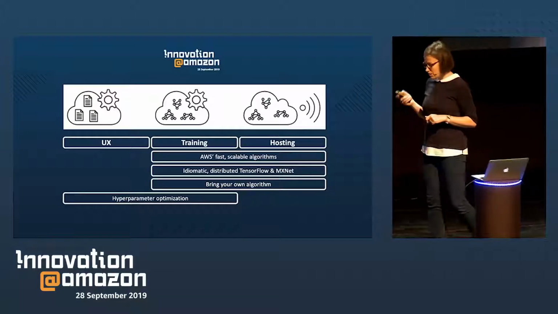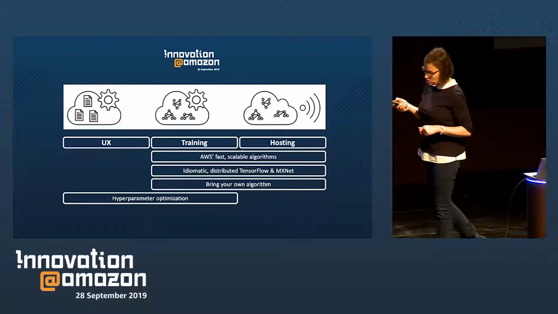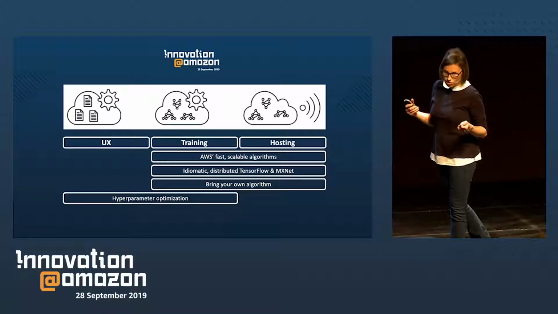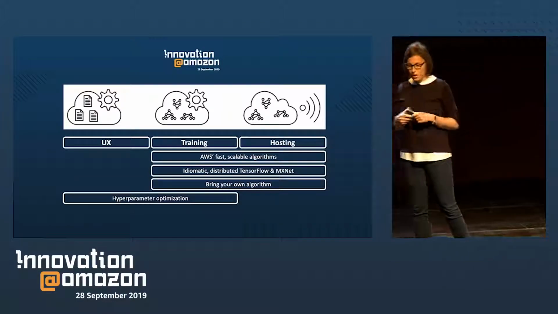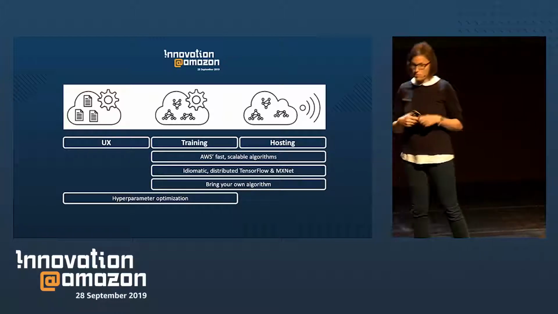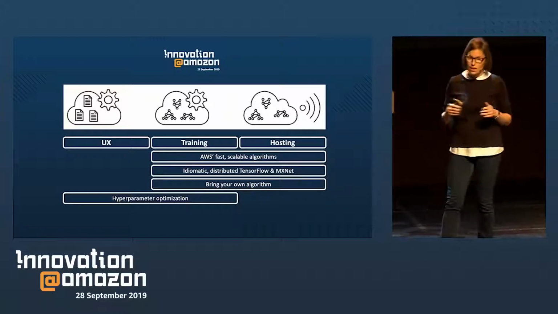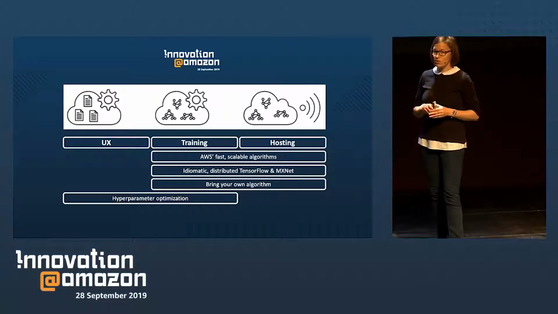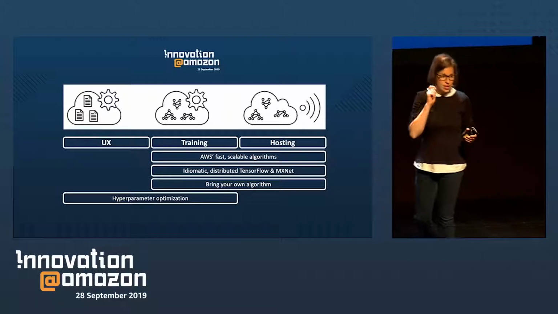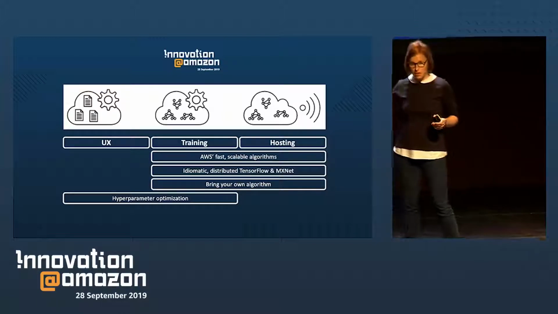So what are the building blocks of SageMaker? SageMaker is very modular. It's already the second version of the AWS service. The first one was Amazon Machine Learning Service, which was not that flexible. So we said, okay, we need to have a flexible service. We need to address every step in the development process.